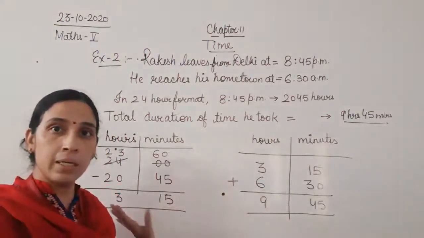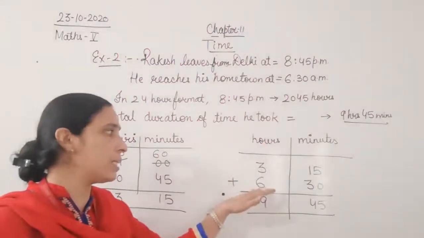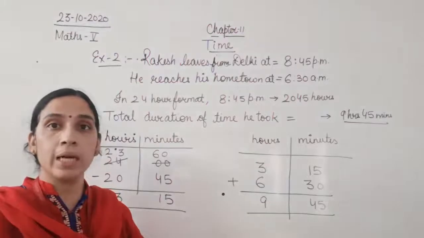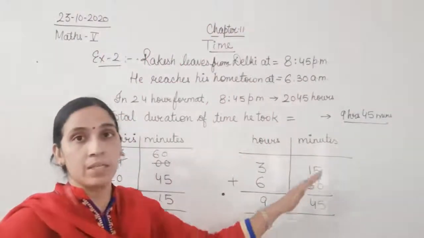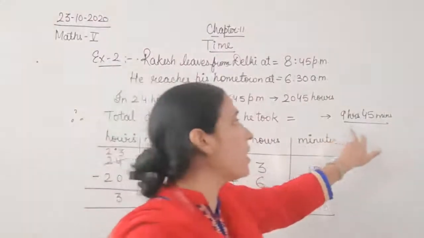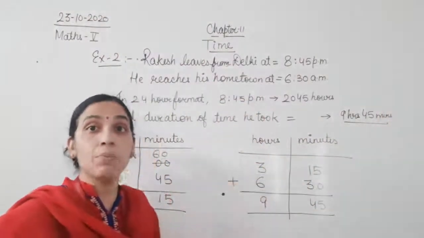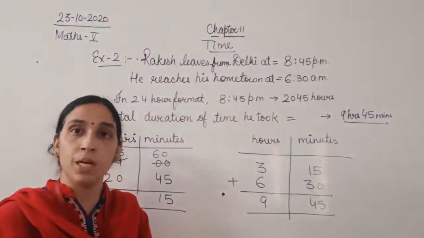So on the day he began, it took 3 hours 15 minutes. So we'll add 3 hours 15 plus 6 hours 30 minutes. The total time duration is 9 hours 45 minutes, which we have written as the answer. This is the total time Rakesh took to reach his hometown.